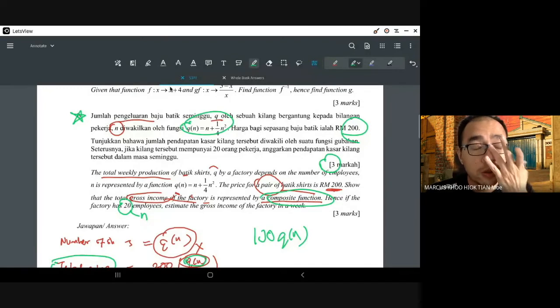So a 3-mark question in paper 1 is considered quite easy, except that the problem is this is a functions question and it's a K-bar question. So always remember K-bar questions kan actually the working is easy one. It's just the soalan yang menjadi susah. The more you do this, the more you read, the easier it will be.